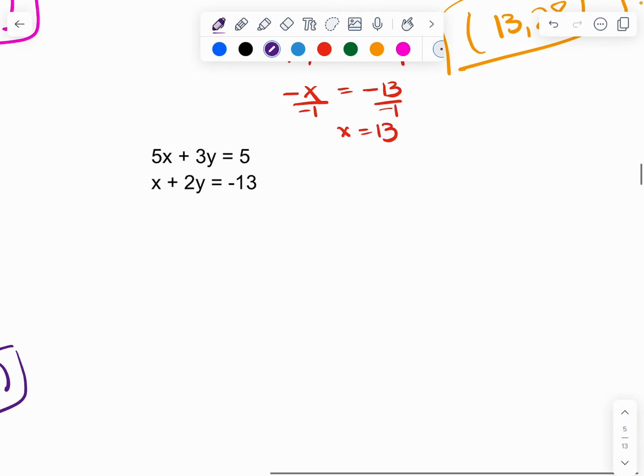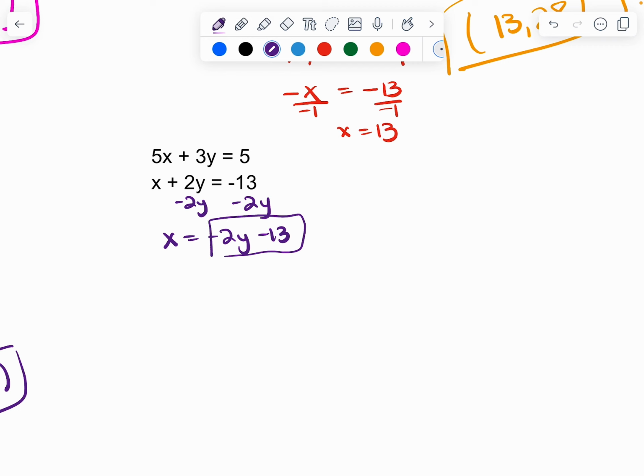Over here, again, need to do the same thing. I need to subtract 2y from both sides so that I get x equals negative 2y minus 13. I take this right here and I plug it in for this x right here. Let's see if I can do a better job of that this time around.